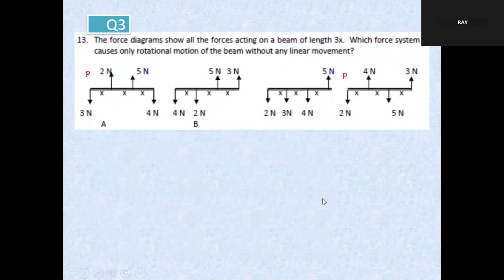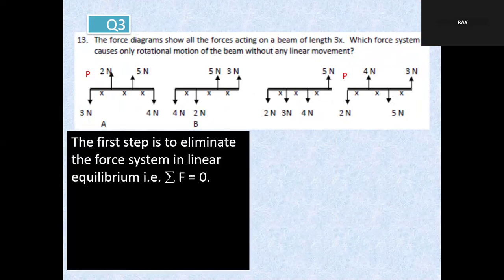How about this one? Which force system causes only motion of the beam without any linear motion? B. First step is to eliminate forces in the system in linear equilibrium.